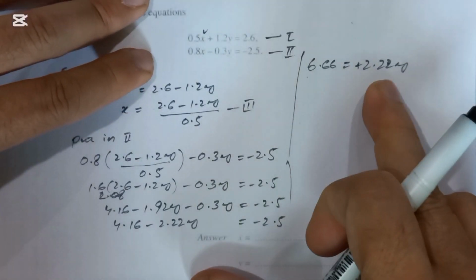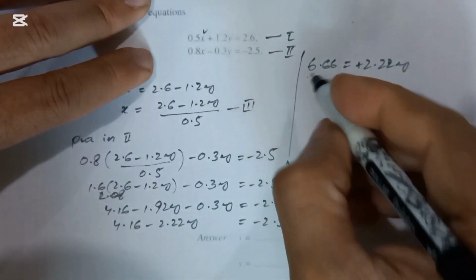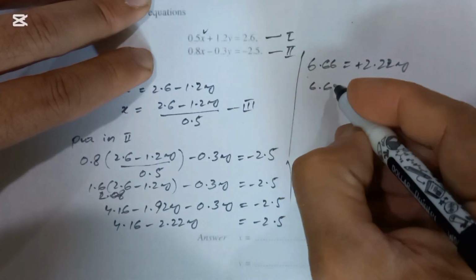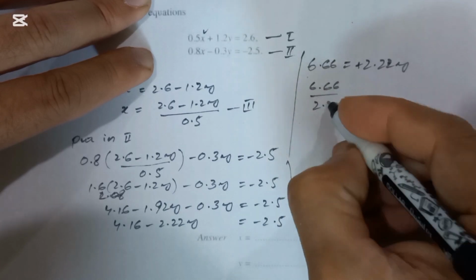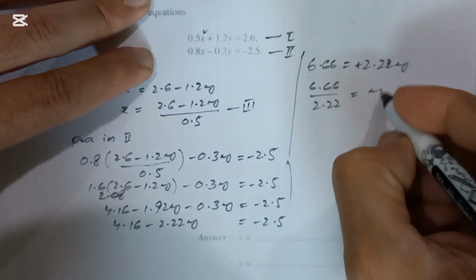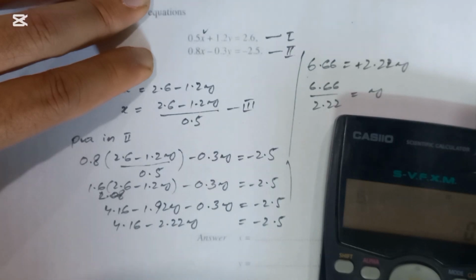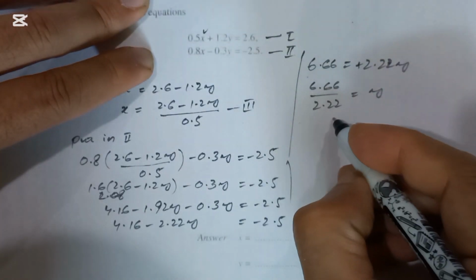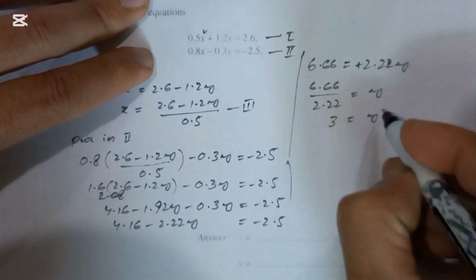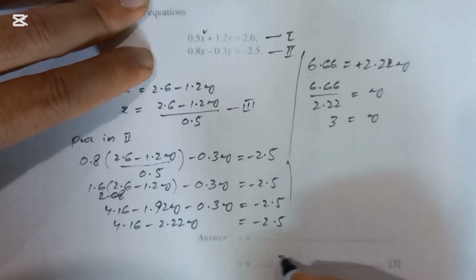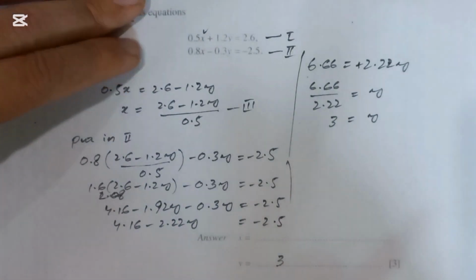Now this 2.22 will come to the left side in the denominator. On the right side y is there, so 6.66 divided by 2.22, the answer will be 3. So y is equal to 3. Here we have got y's answer.